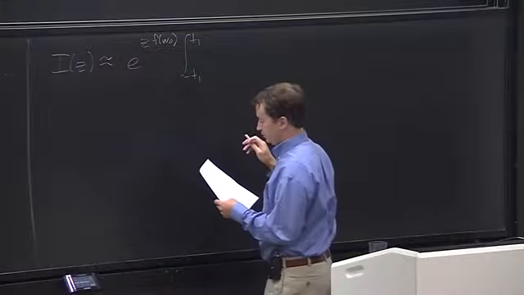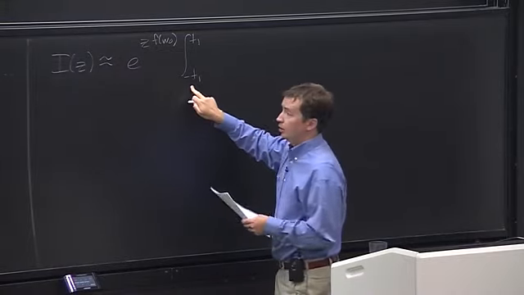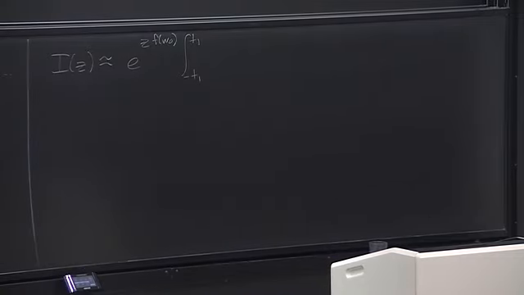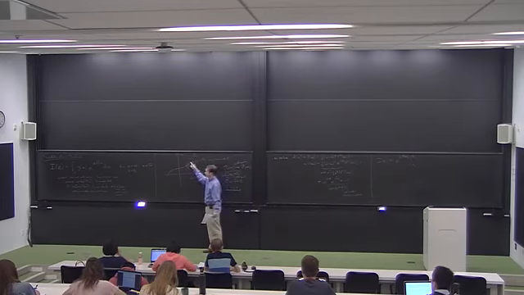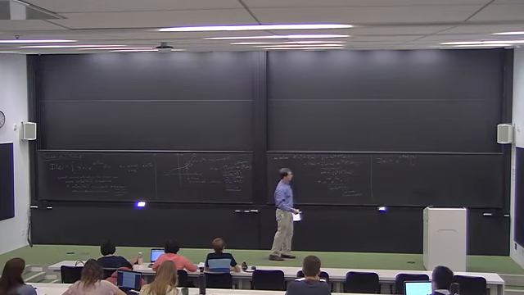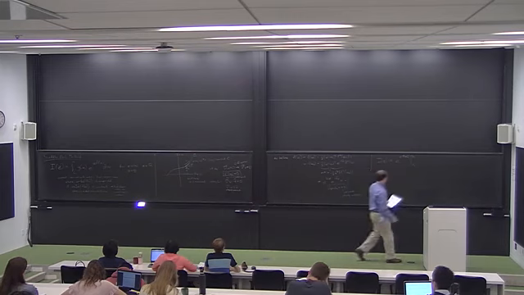Then we can say that our integral is approximately, it was dominated by this small linearized region, and let's say that this linear approximation is good just in some small region where t goes from minus t1 to t1.